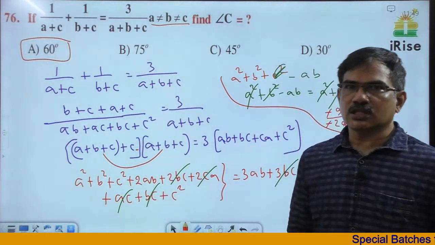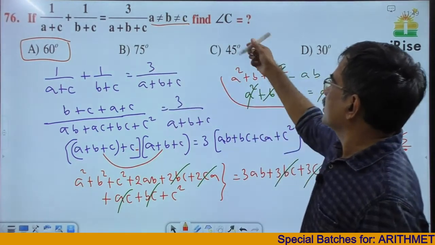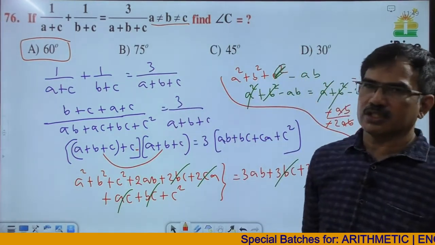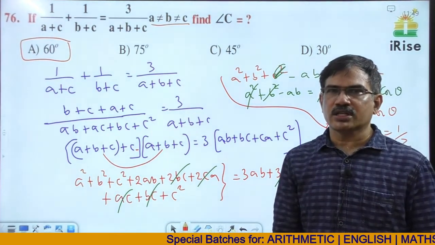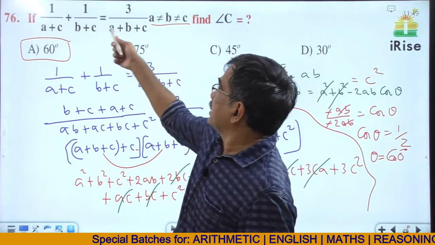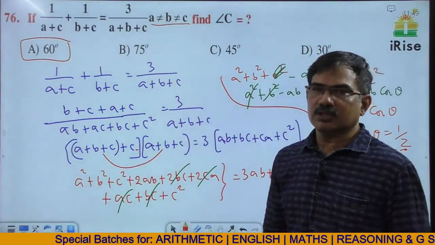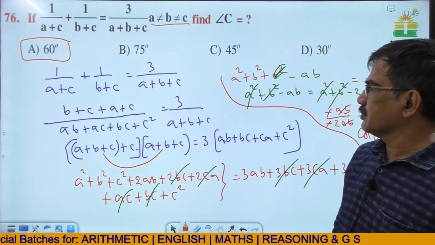So actually, don't solve again and again. Know this formula and compulsorily angle C must be equal to 60. You have to learn it by heart. By heart in the sense, this condition is given, the angle is 60, that's all. The condition 3 by a plus b plus c is given, we get angle C is 60.